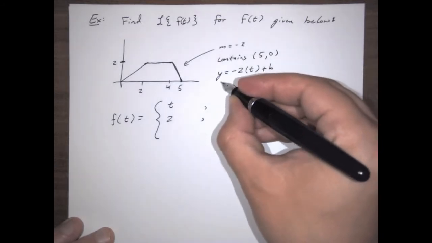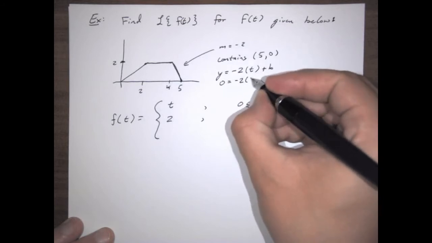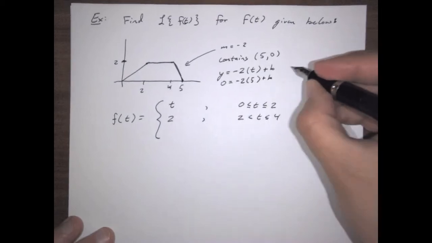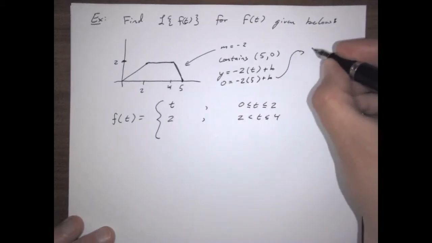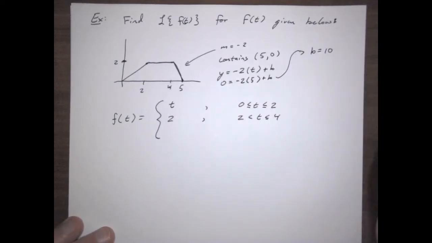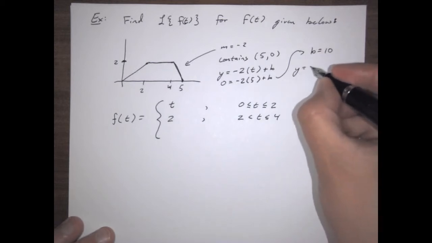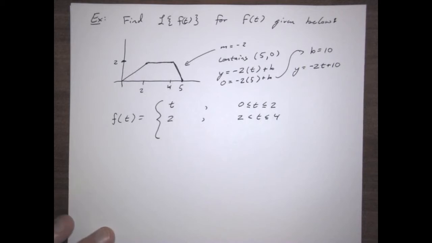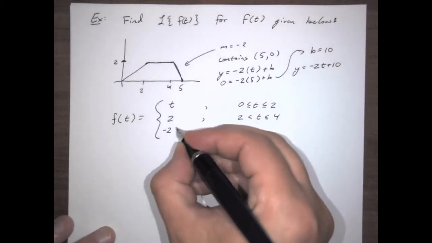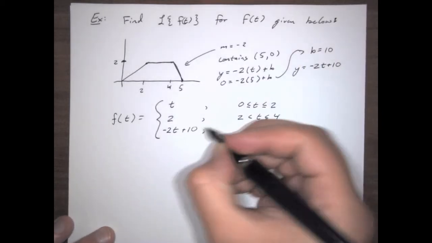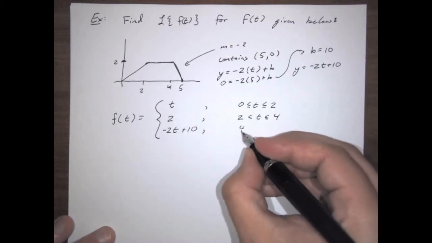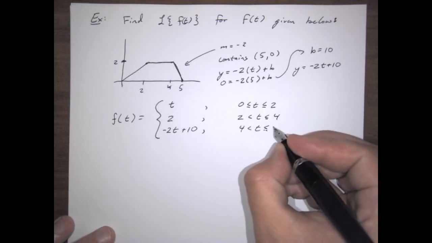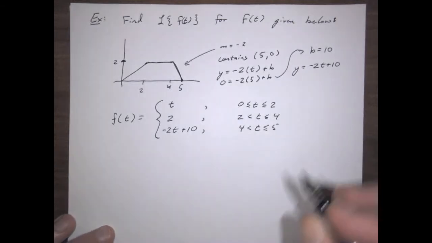So that'll be 0 equals -2 times 5 plus b, which means b is going to equal 10, which means y is going to equal -2t plus 10 for that third installment. So -2t plus 10 would do it. And that's from 4 less than t until t is less than or equal to 5.